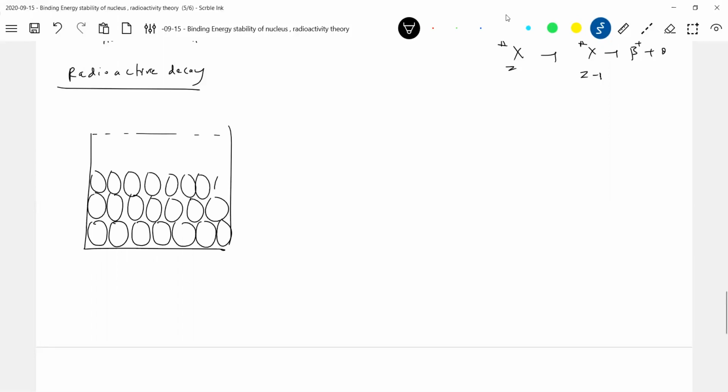Are all the atoms, all the nuclei, unstable, or only a few selected ones? I'll give numbers 1, 2, 3, 4, 5, 6, 7, 8, 9, 10, 11, 12.